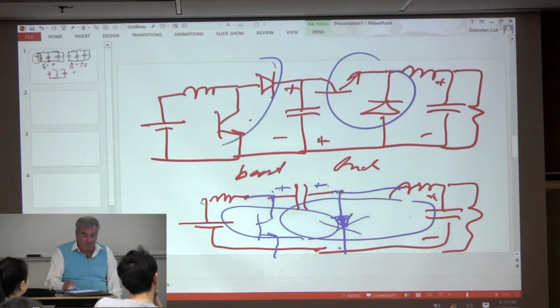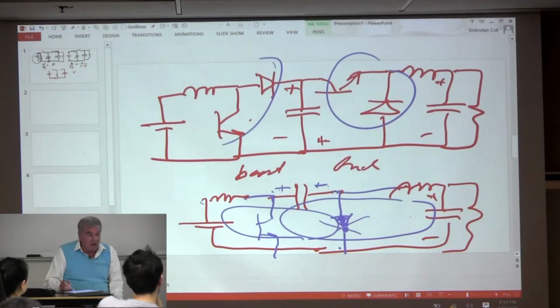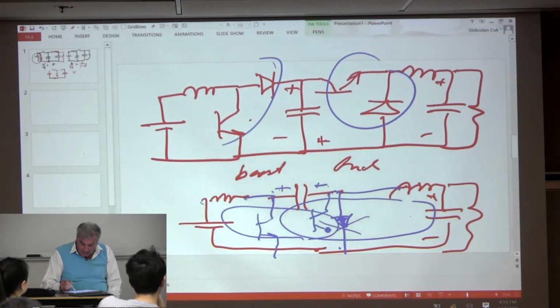Even better. This switch is bad from a circuit point of view and practical drive, because it's floating. Even though the converter is non-isolated, you have to have isolated or some kind of a floating drive. This main active switch is grounded. Even better, when this diode is eventually replaced, you'll probably get to it later, with a MOSFET it will be like this.